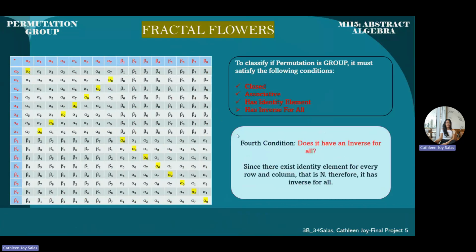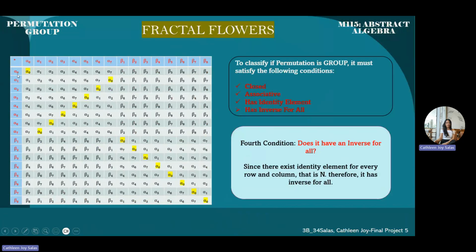Last, for the fourth condition, does it have an inverse for all? So since there exists an identity element, every row and column has alpha sub 0, therefore it has an inverse for all.